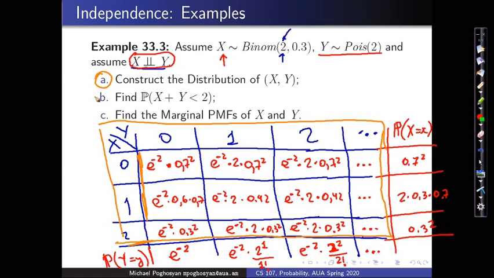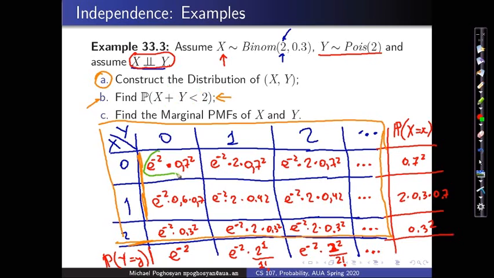The second part is saying find the probability that x plus y is less than 2. Having this table, having the joint PMF, I can calculate any probability I want. So I am calculating that. I'm just finding all possible values of x and y satisfying this inequality. So x is 0, y is 0, the sum is 0, this is satisfied.